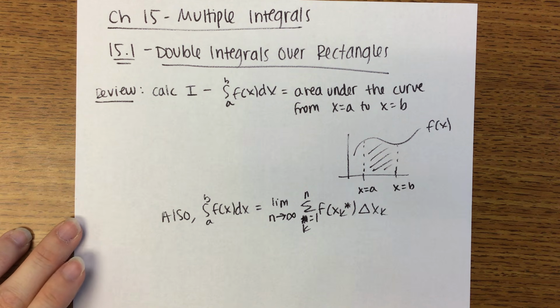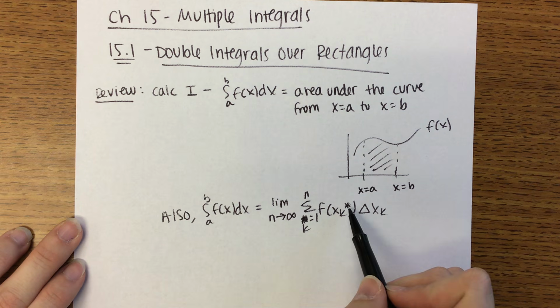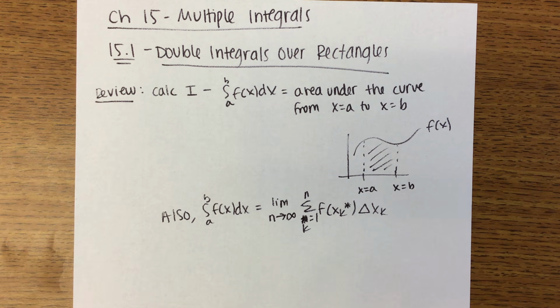You've seen it before. Do you remember the idea that when you have your rectangles, as soon as the rectangles get really, really small, it doesn't matter the point you choose in the rectangle to be the height? No? None of this sounds familiar to you? Okay, well, I'm telling you now. When you started with the rectangles, sometimes you used the left endpoint, sometimes the right endpoint, sometimes the midpoint.